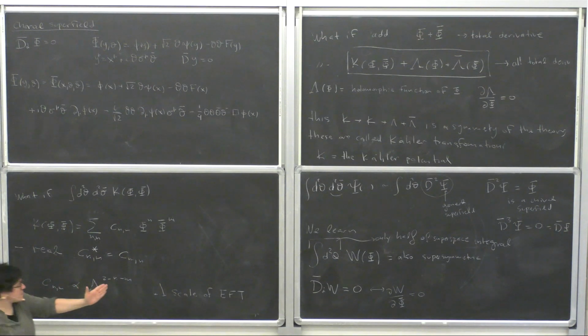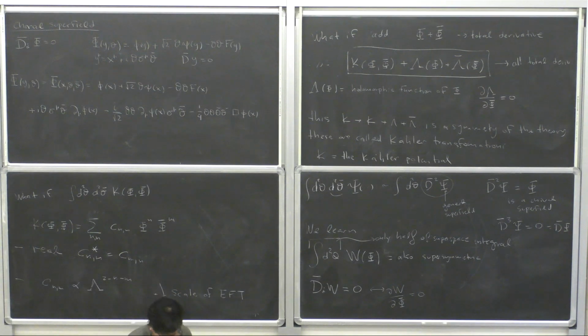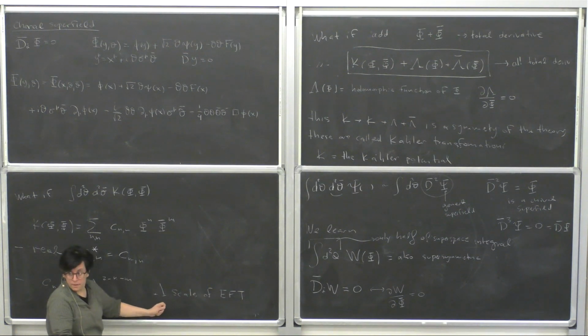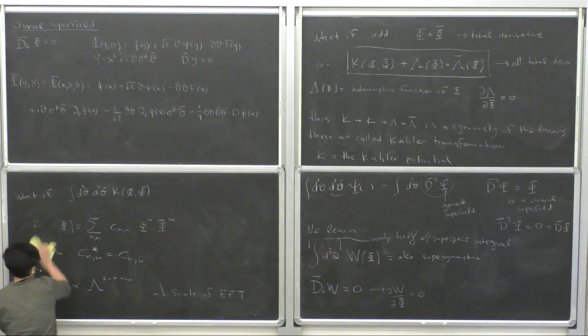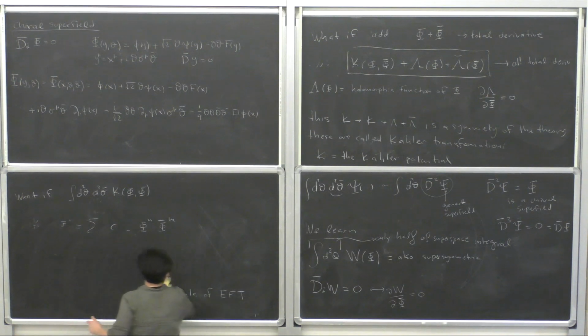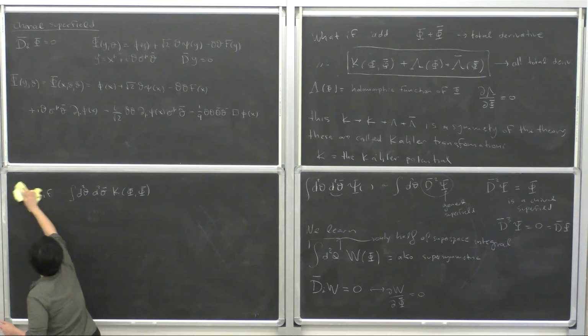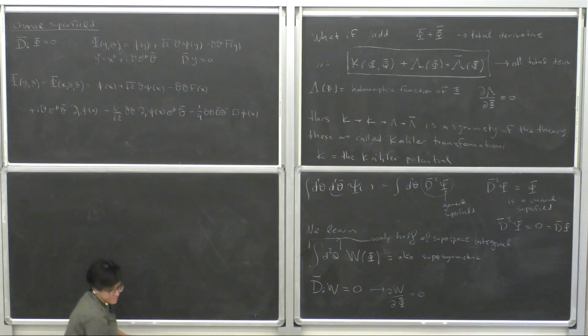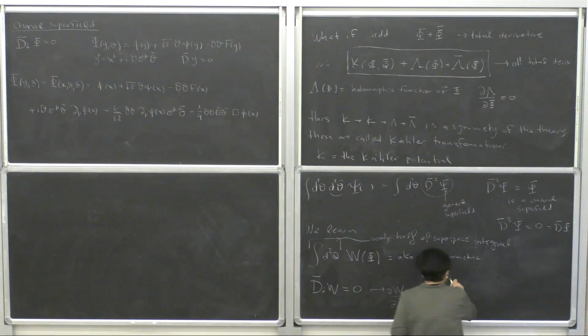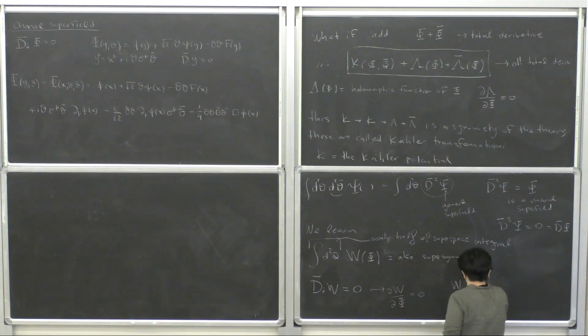So if this is clear, this is amazing, because I will use this to make supersymmetric interactions that are non-renormalizable. I should say that W is called superpotential. That's just a name.